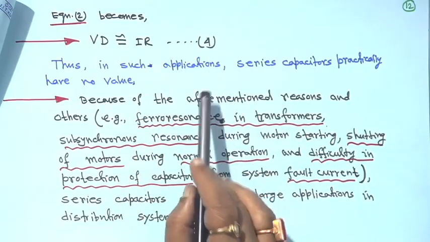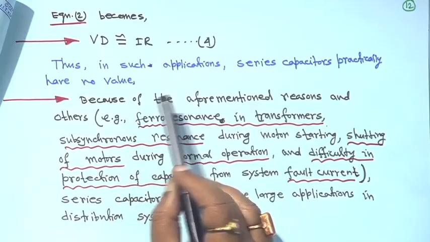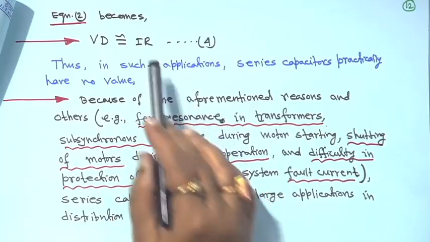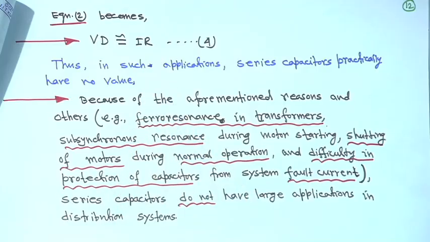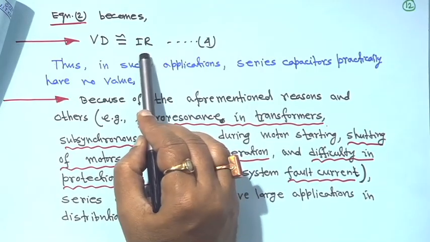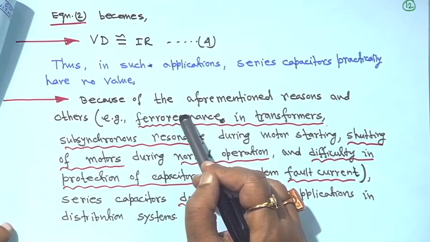In such applications, series capacitors practically have no value, because in the unity power factor case the voltage drop is simply IR. So, the series capacitor has no value.